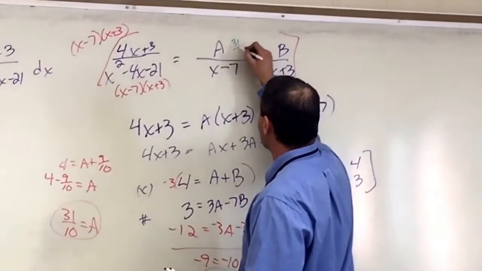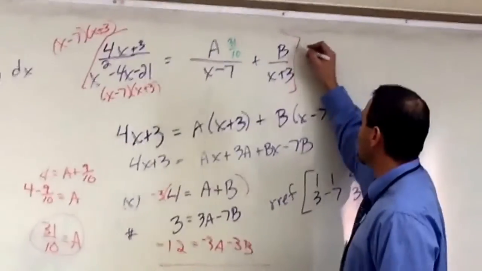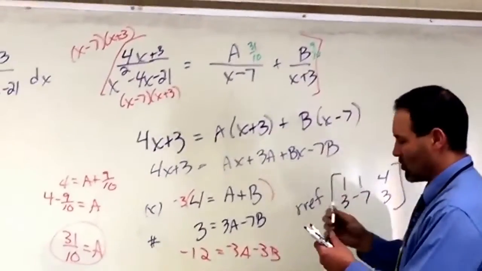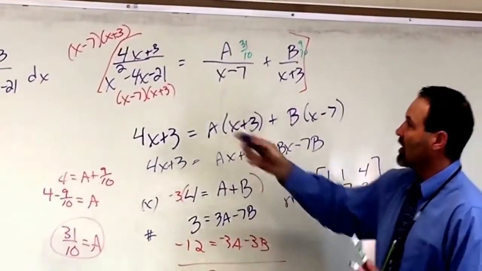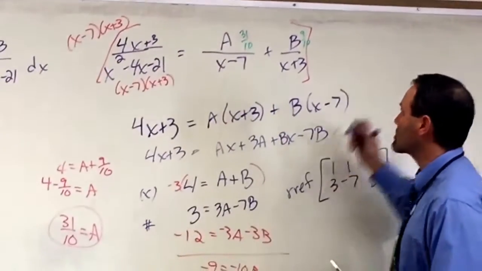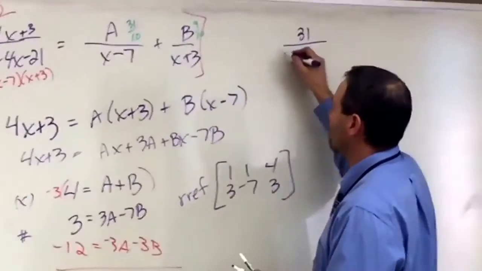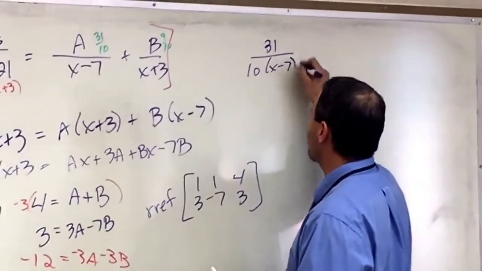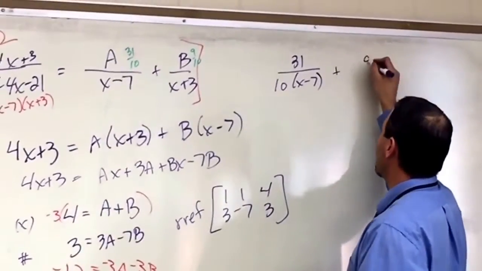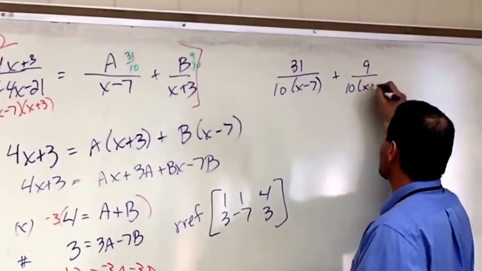A is 31 tenths and B is 9 tenths. Correct. So we could rewrite our initial rational expression as 31 over 10 times x minus 7, plus 9 over 10 times x plus 3.